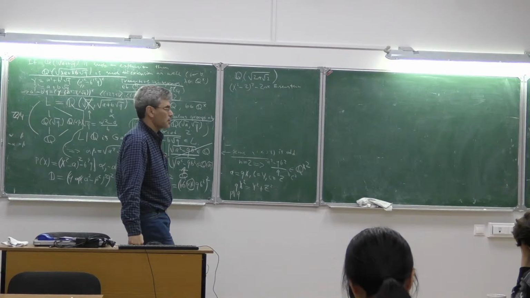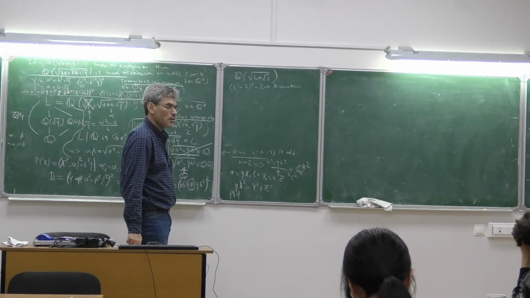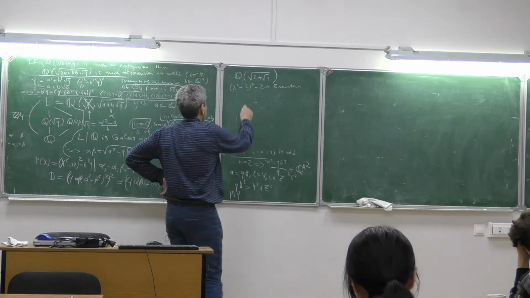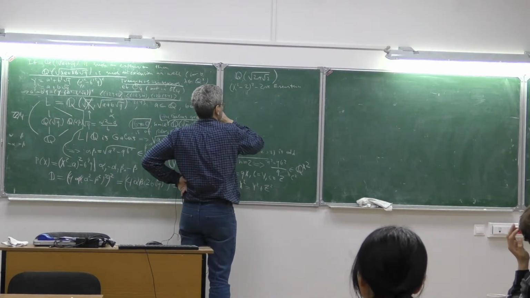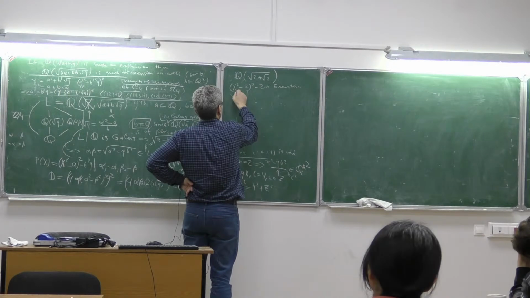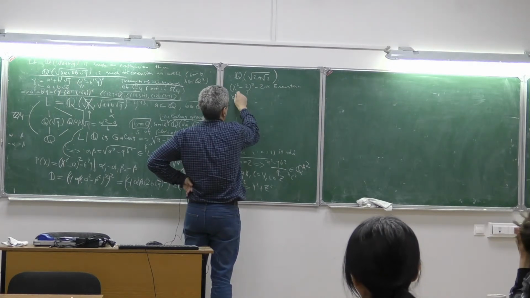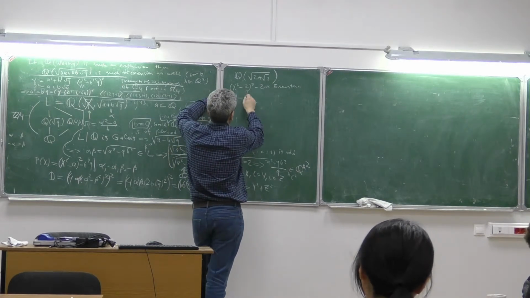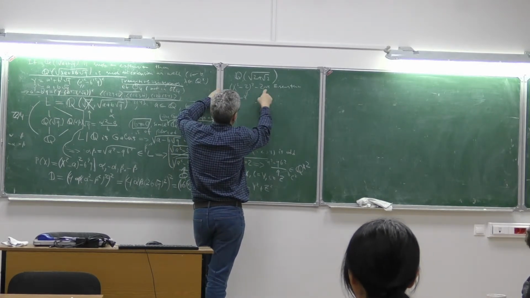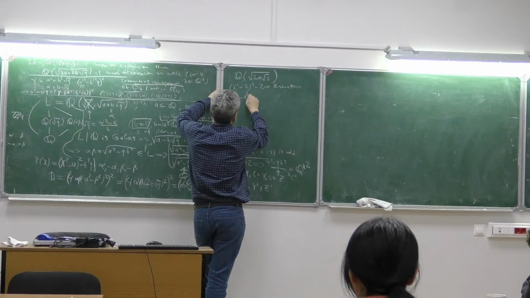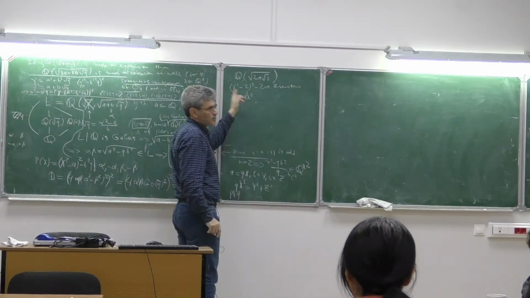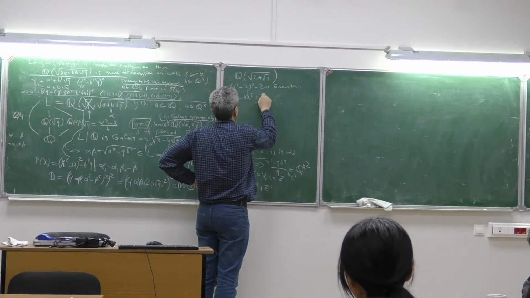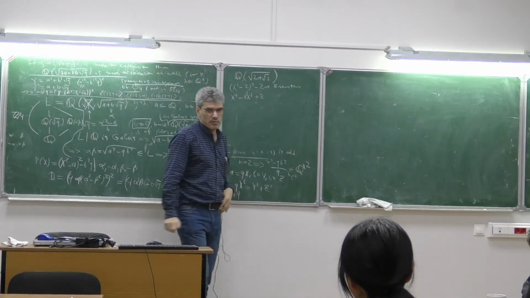But is it Galois? Could you remind us, please, what Eisenstein means? So it means that it is monic, or with an invertible leading coefficient, and all other coefficients are divisible by some prime p, but the constant term is not divisible by p square.